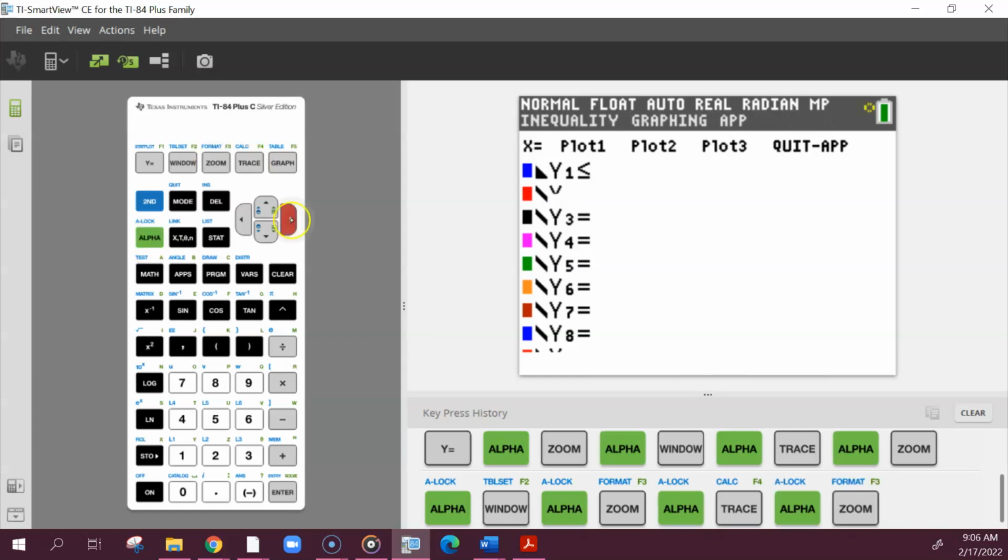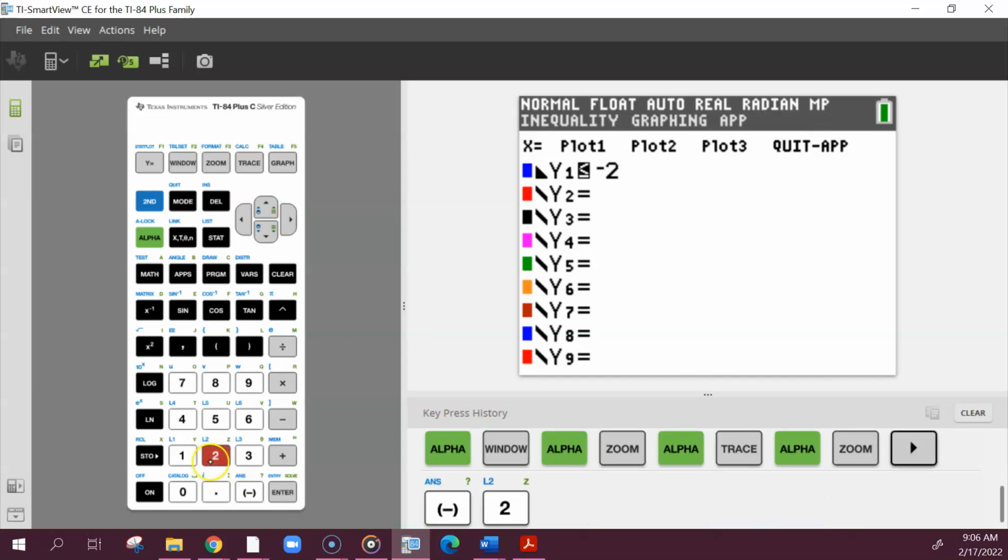So after you have that change, go out of that and put the rest of this in. Negative 2x minus 1. Once you have this in your y equals, hit graph.